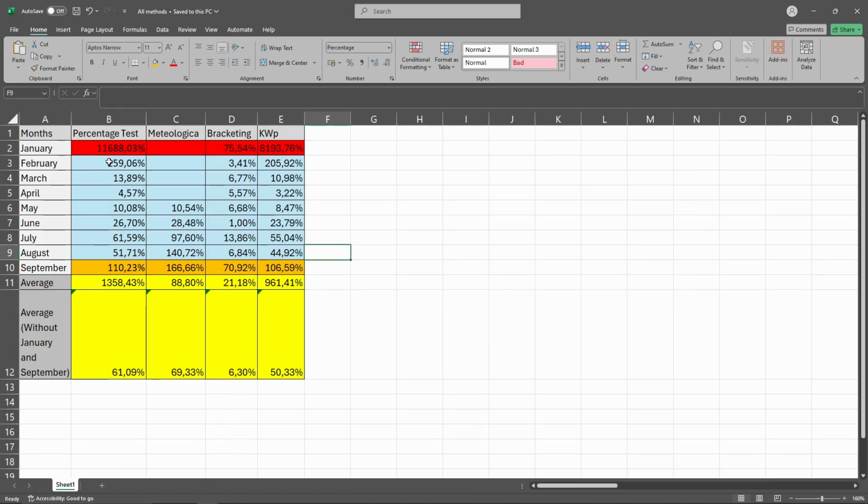And in this case I don't use for these percentages the January and September months, because they were problematic and they had problems with the measuring units, so they're not very trustworthy. That's the reason why January is red and September is orange.